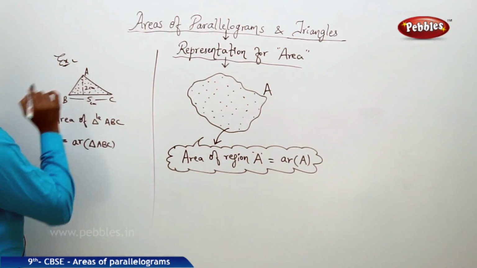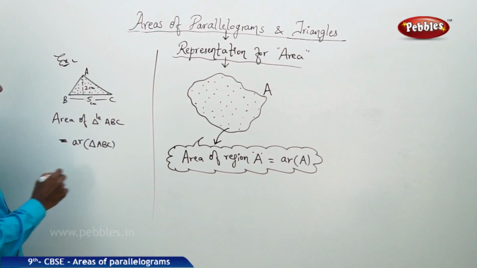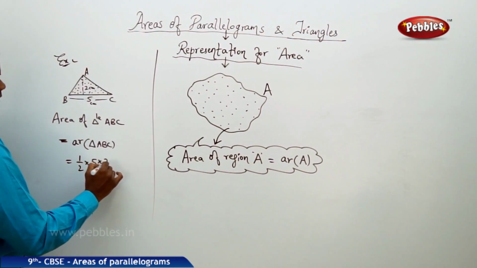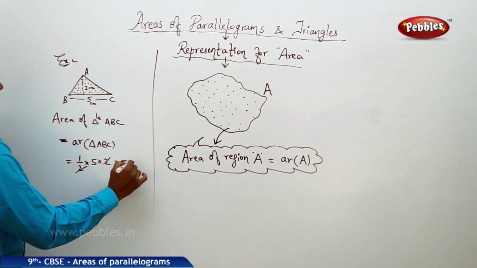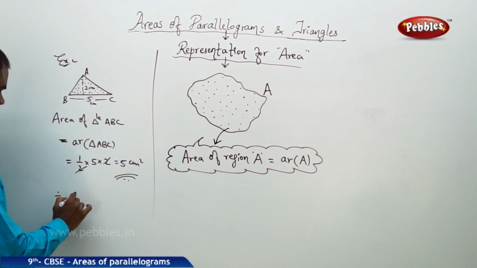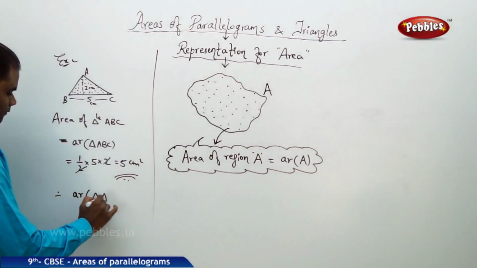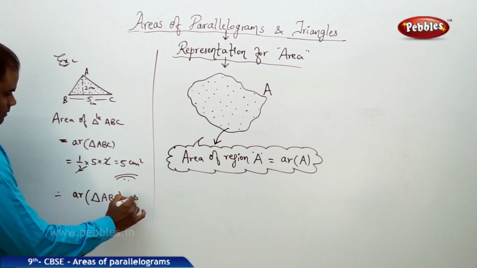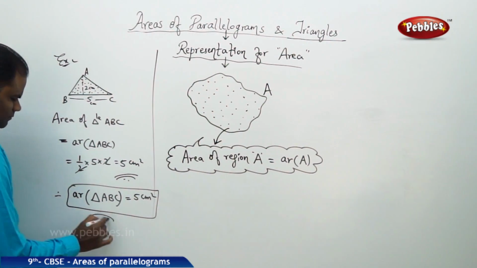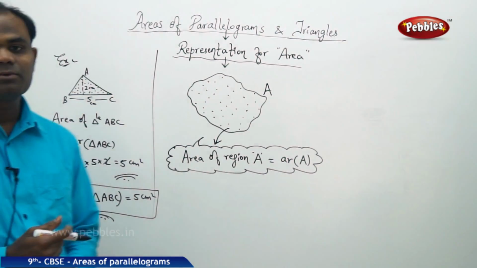This is how I understand area of the region, which is nothing but half into base into height, 5 centimeter square. Therefore, area of triangle ABC is 5 centimeters square.